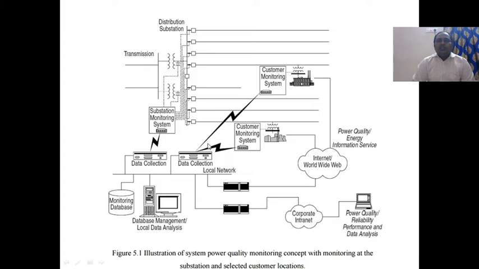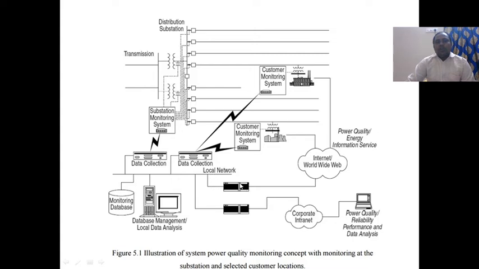That interval will be every 10 minutes, or every 5 minutes, or every 1 hour. We set that. Every time period or every instant we collect the data continuously. After the data collection we do the monitoring, and store the data in the monitoring database.